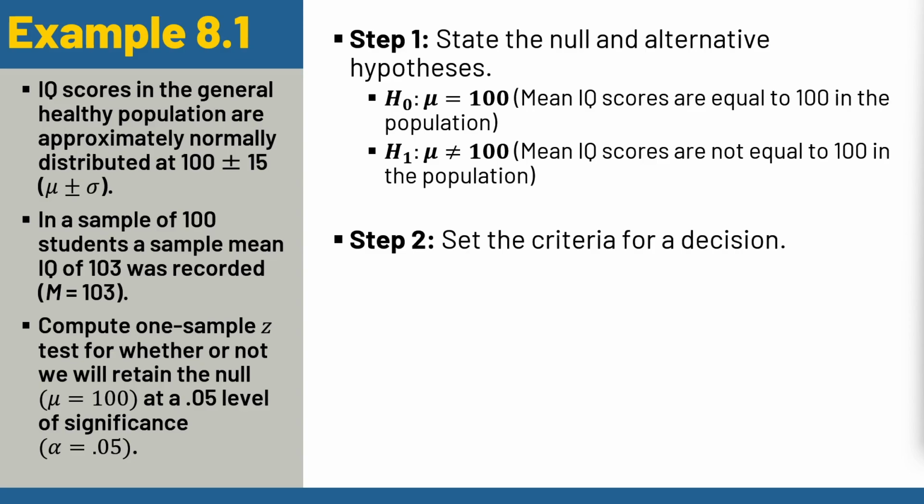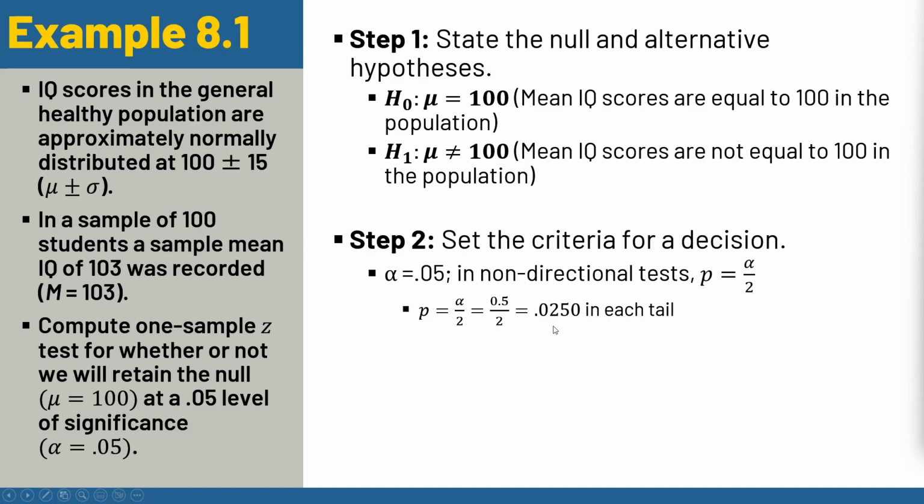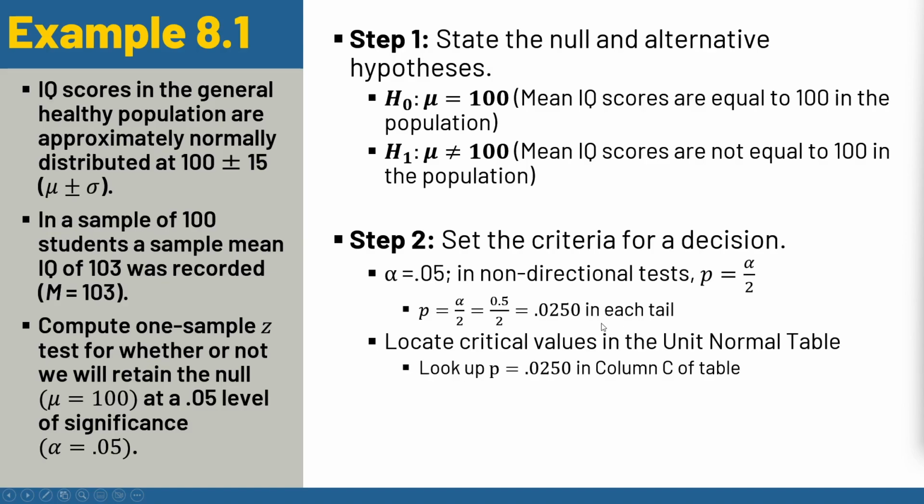Okay, so we've stated the hypotheses. Now let's set the criteria. Well, what is alpha? 0.05, right, as demonstrated below, 0.05 level of significance. And you'll recall, like we just talked about, that in non-directional tests, p equals alpha over 2. So in order to identify our p-values, we need to divide that by 2, which will be 0.025 in each tail.